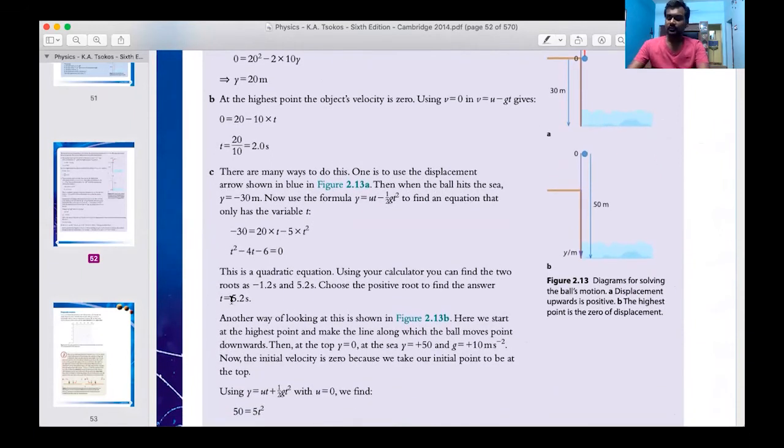If you solve it, you get two times, one being negative and one being positive. So we take the positive time. So this is the time. Again, this means at 5.2 seconds, the ball hits the sea. Okay, let's do the last one.